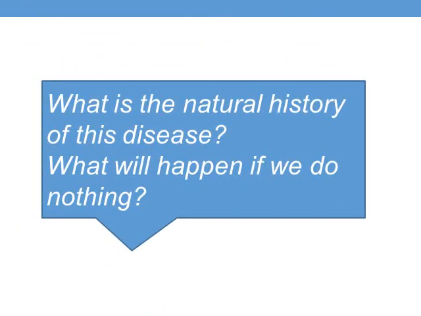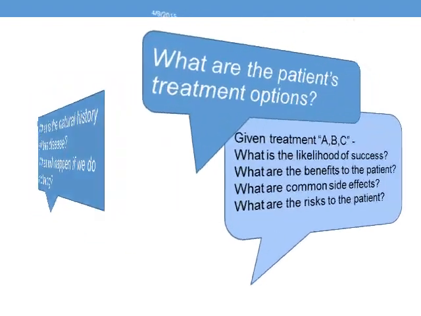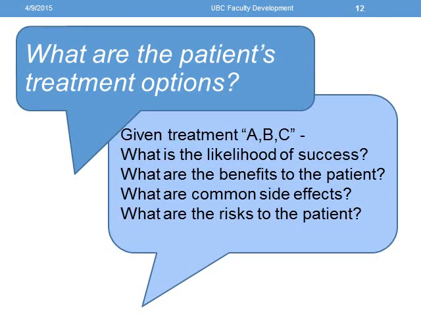The preceptor may begin by asking about the natural history of the disease. Ask the learner, well, what will happen if we do nothing? Next, the preceptor will ask the learner to list the treatment options and describe these options in regards to the likelihood of success, benefits to the patient, common side effects, and/or risks to the patient.